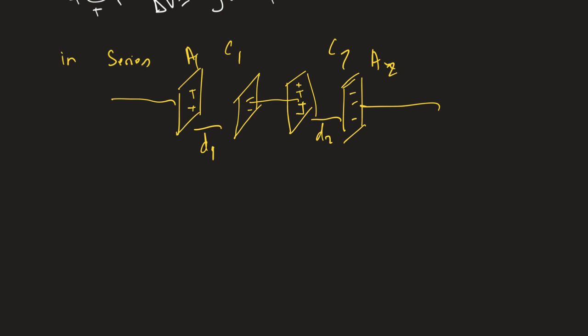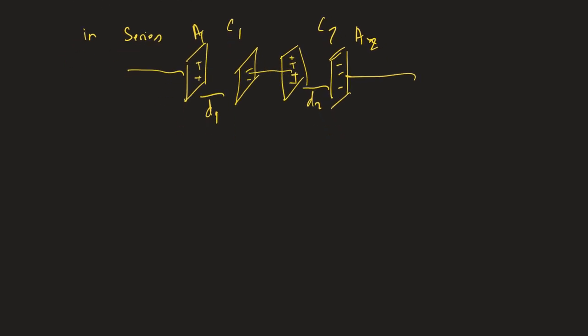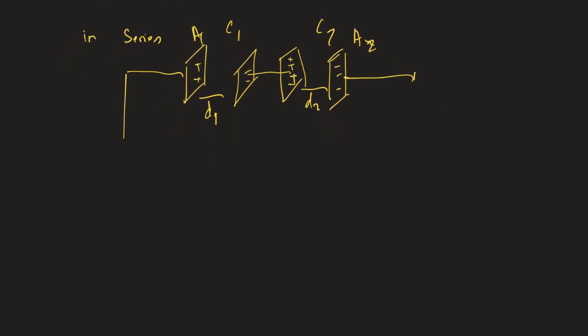If you make this arrangement, let's say this is an insulator, so the charge will not escape. We have a problem. We need to connect these two points first, with a cable.